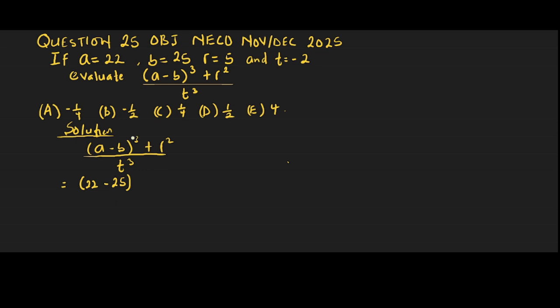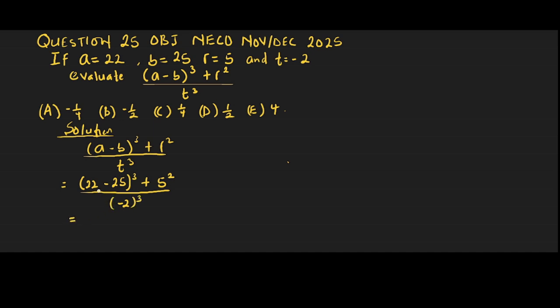Close the bracket, raised to the power 3 plus R is 5, 5 squared, all over T cubed. Our T is -2, so we have (-2) all raised to power 3.